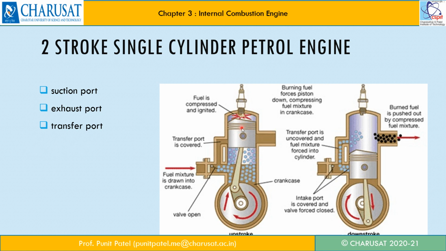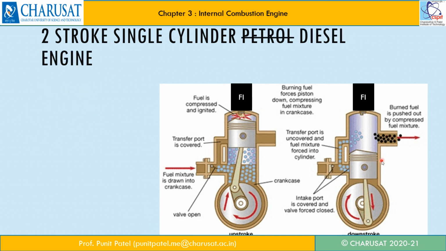Then when the piston moves from top dead center to the bottom dead center, the charge goes to the transfer port and into the combustion chamber. Then when the spark ignites, the combustion takes place which forces the piston to move downward, and during that motion the fresh charge goes inside and the flue gases or smoke gases go outside, and that is known as scavenging.